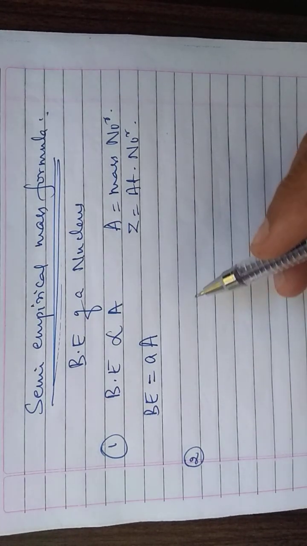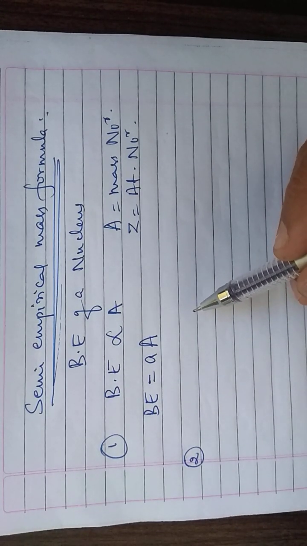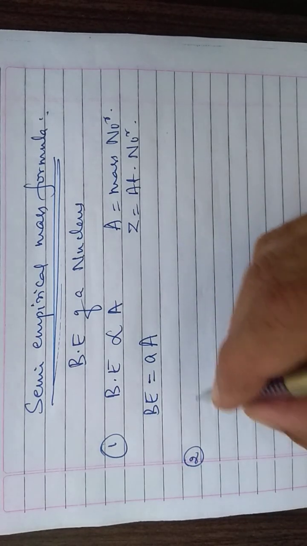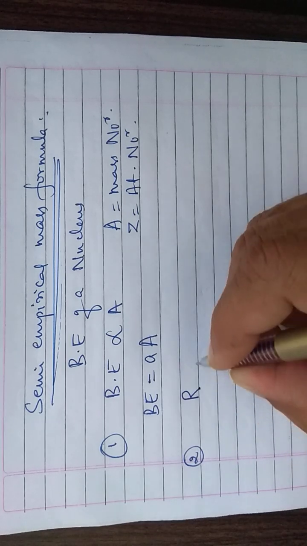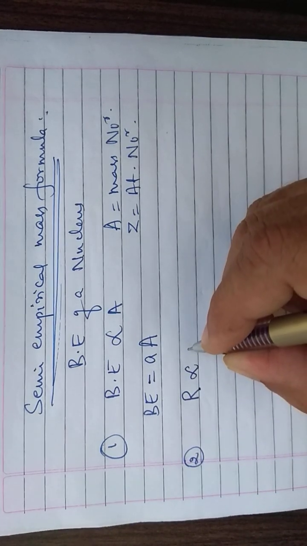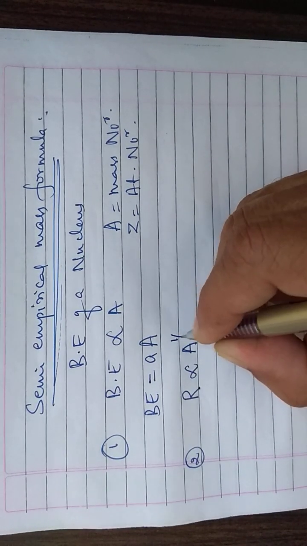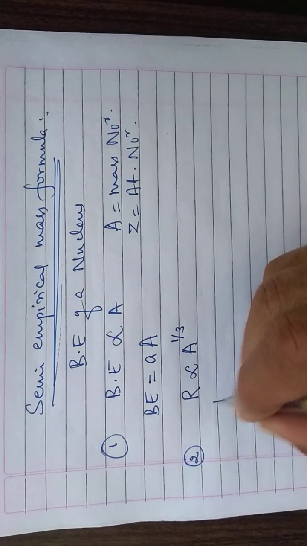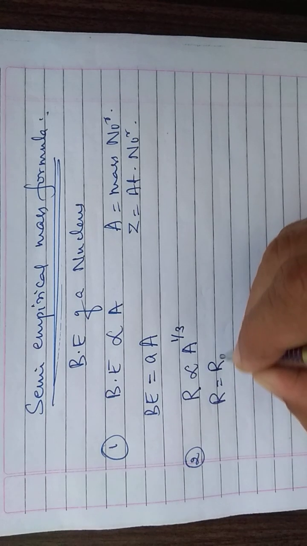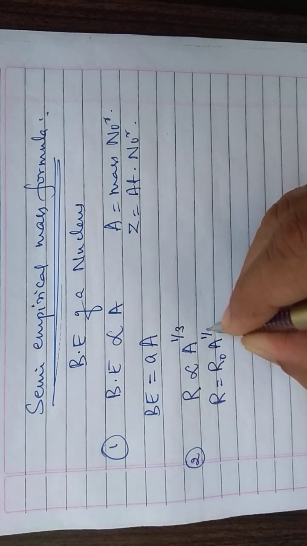And the surface goes on increasing as the radius goes on increasing. Therefore, I can say, already we know about this, the radius of a nucleus is directly proportional to the mass number raised to the power 1 by 3. The radius of a nucleus is equal to R0 into A to the power 1 by 3.